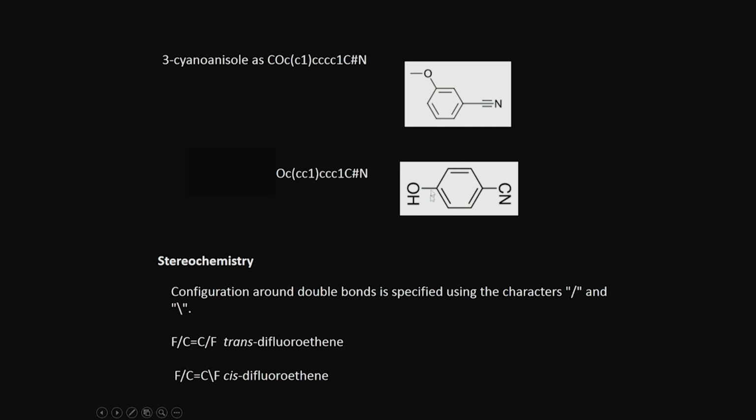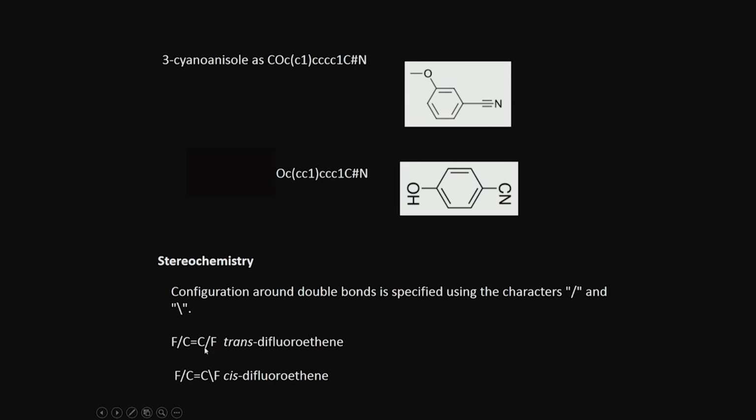If you have cyanide and OH here, CO here, this corresponds to this, and then C, CC1, okay, then CC1, then C triple bond N. So, if you have stereochemistry, configuration of double bonds is specified using this or this.